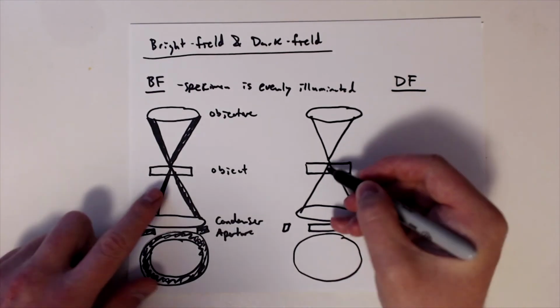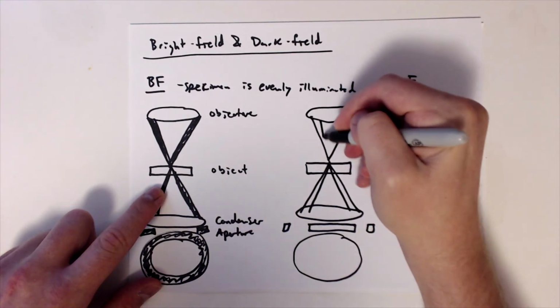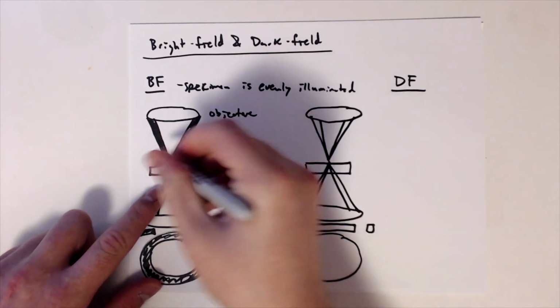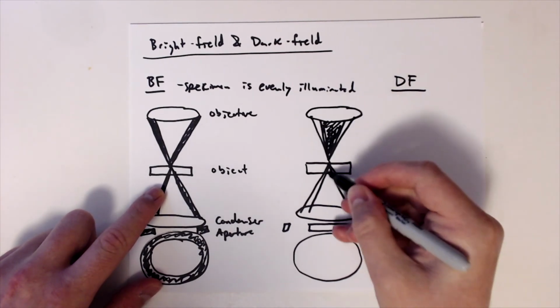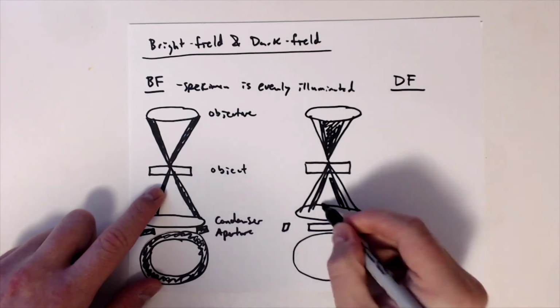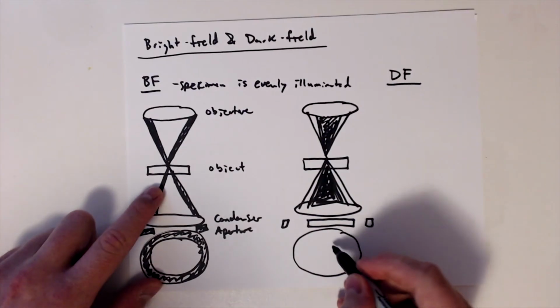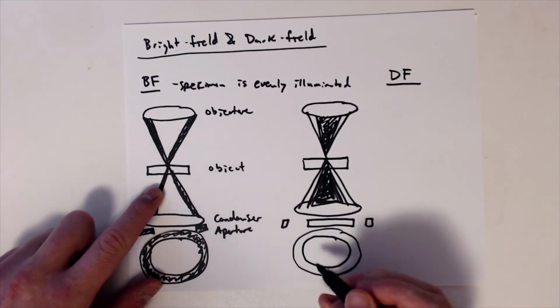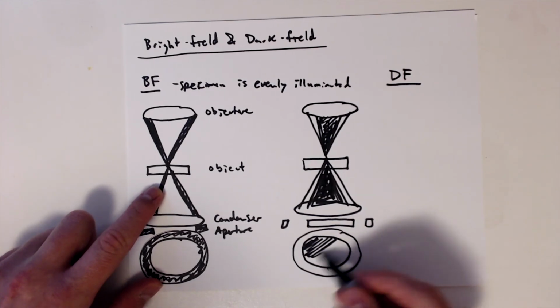So what that does is the converse of what we saw over here. So now this middle part is all dark. So this whole middle thing is dark. And so what we see here is a ring of light, again at these oblique angles, and then dark in the middle.